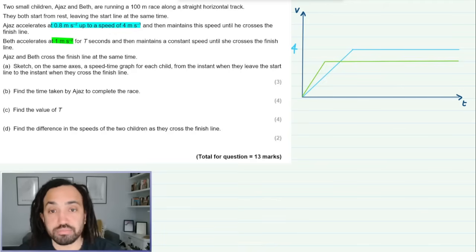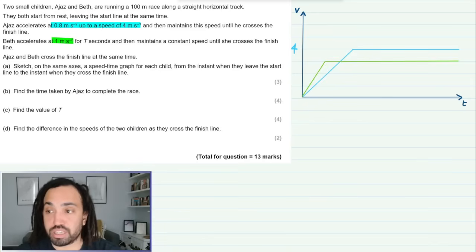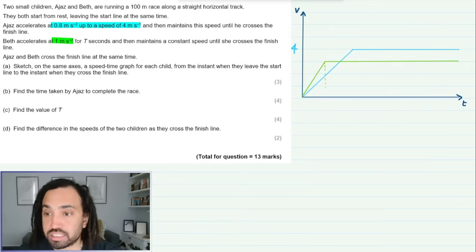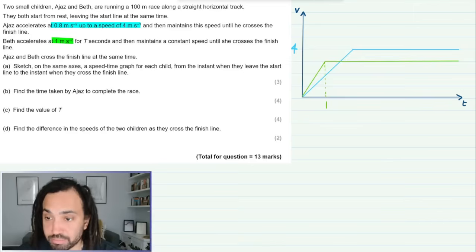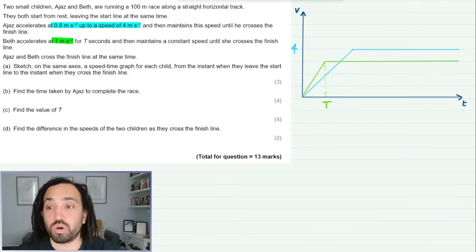Okay, and again they finish at the same time, so right there is where they're going to finish. And I think what we also need to do is just mark here that this is T, capital T, like that. And we've also got 4 on there.